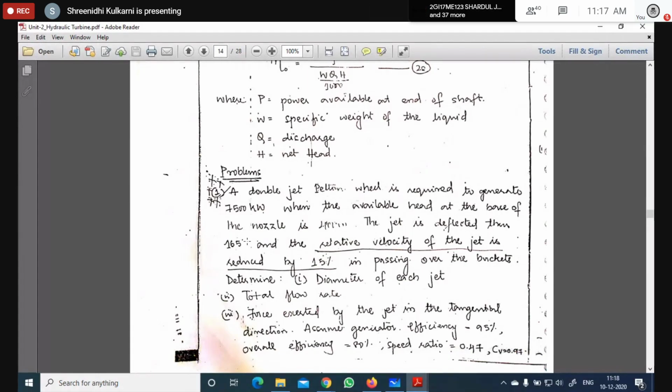So please underline these words: relative velocity of the jet is reduced by 15% is passing over the buckets.